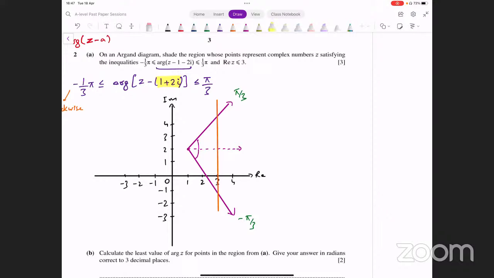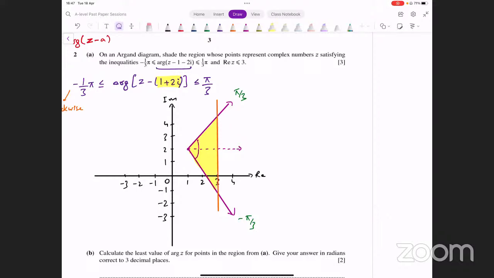The triangle that you have here, this is the region that represents the possible positions of that complex number Z. Okay, I hope that makes sense.